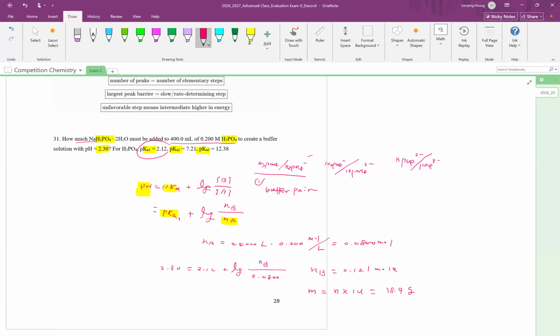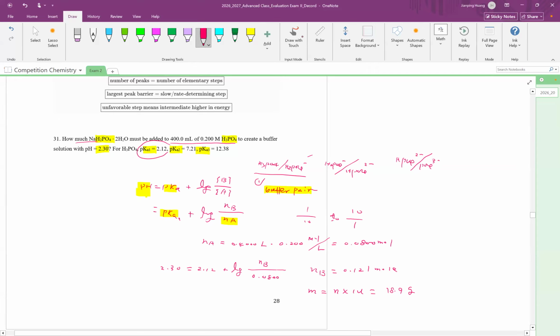The first one, we need to find the buffer pair based on the pH. Did you remember the buffer capacity? You want the pH close to the pKa. Then you adjust the acid and base buffer pair from 1 to 10 to 10 to 1.